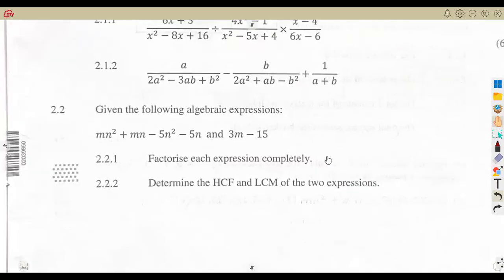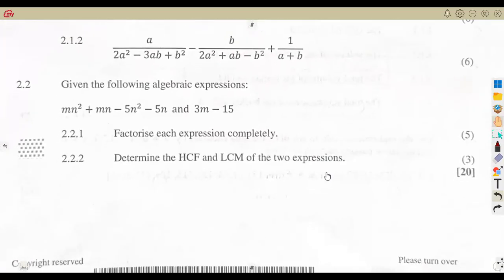All right, moving on to another part, which is again working with the factorization part. That is 2.12.